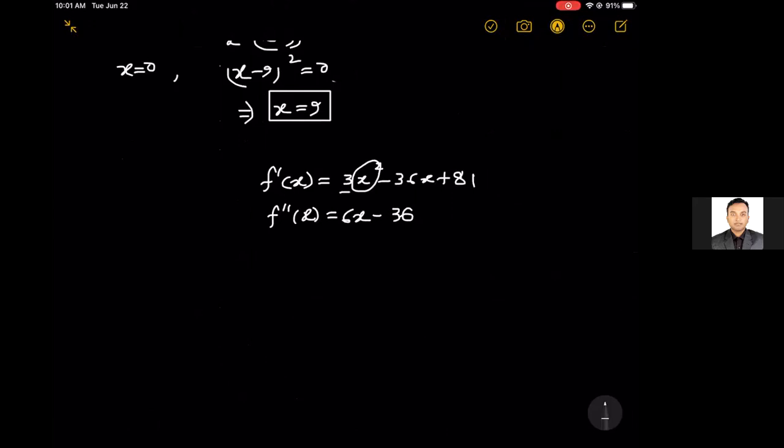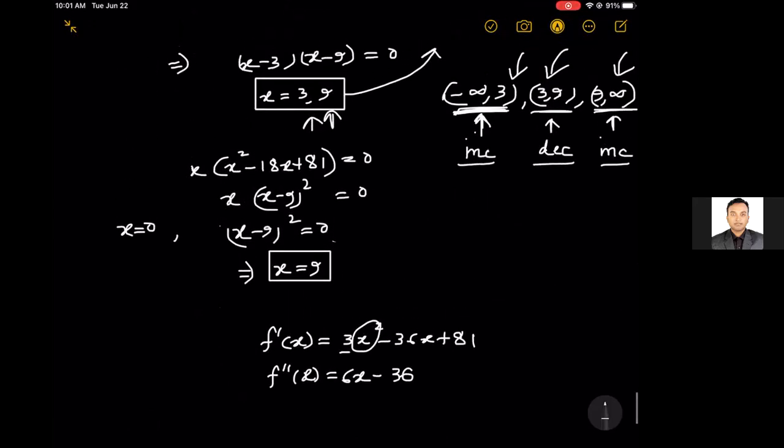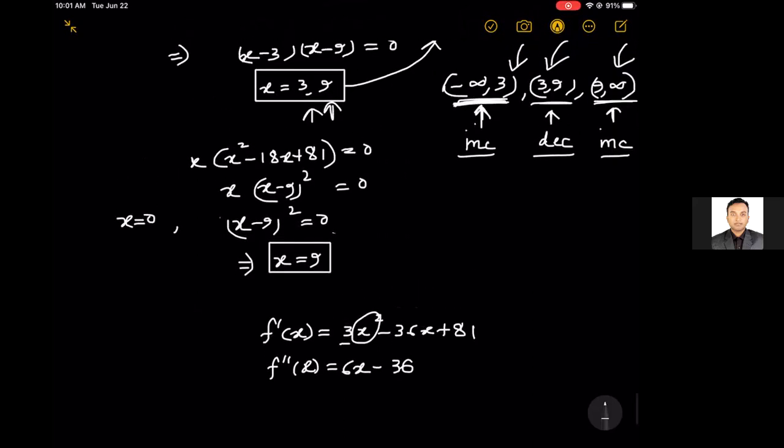Okay. And again, we'll check what's happening to this second derivative on these intervals. Once again, we can pick the same 3 values. If we pick a 0 from the first interval, it will be negative 36. So the second derivative is negative in the first interval.